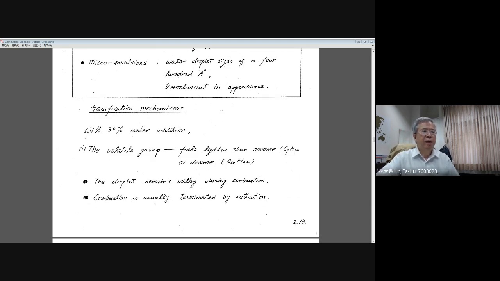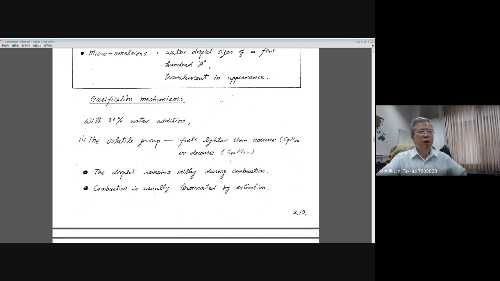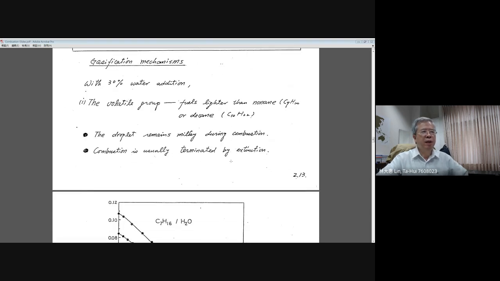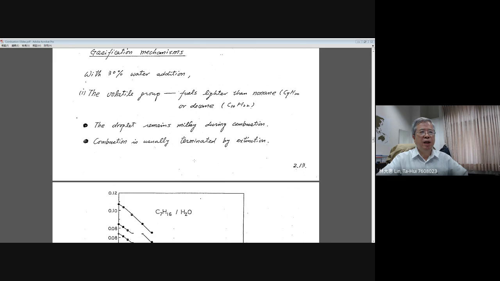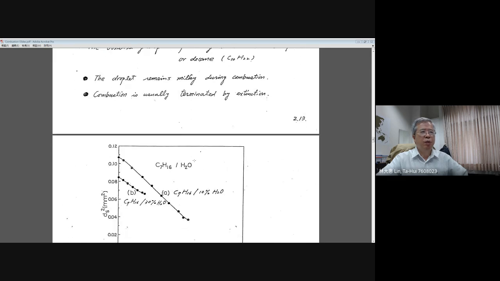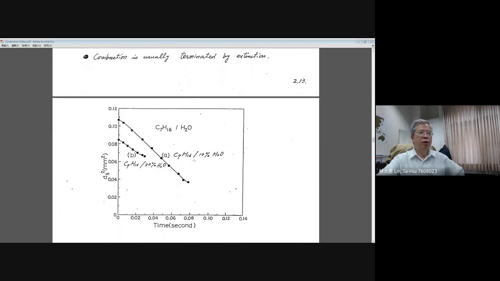And you will find out from the experimental observation that in the burning experiments, the droplets remain milky during the combustion, but the combustion is usually terminated by extinction. I give you an example to let you know the behavior. This is an experiment where we use C7 mixed with water. In this case, C7 has a slightly lower boiling point compared with water.